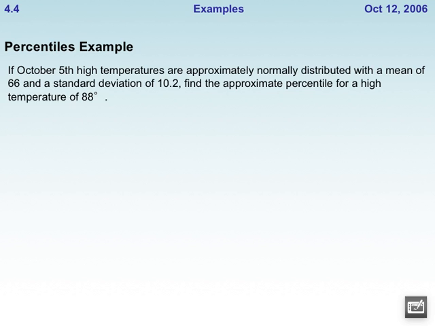Okay, they told us one thing that's really, really important, that our high temperatures are approximately normal. Why did they tell us that? So that we could use the empirical rule. I told you, anytime they use the empirical rule, there has to be the word normal.